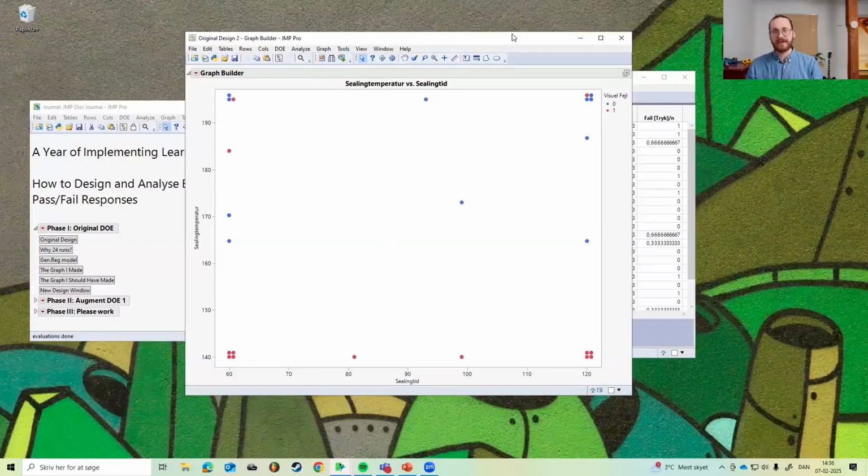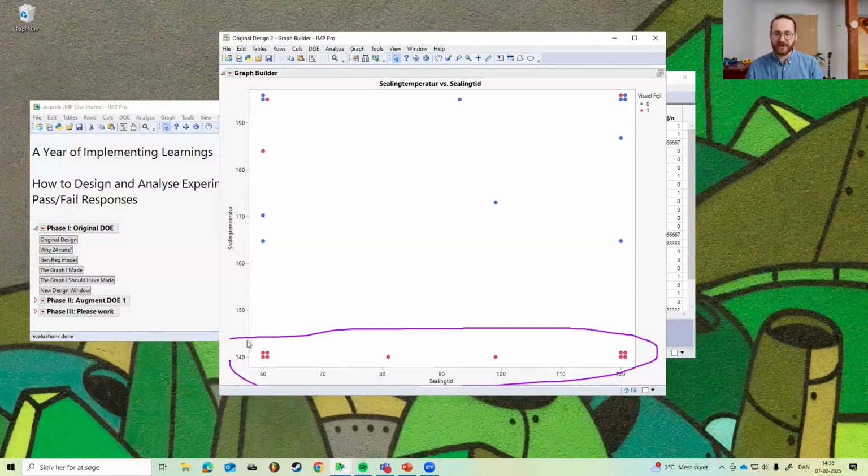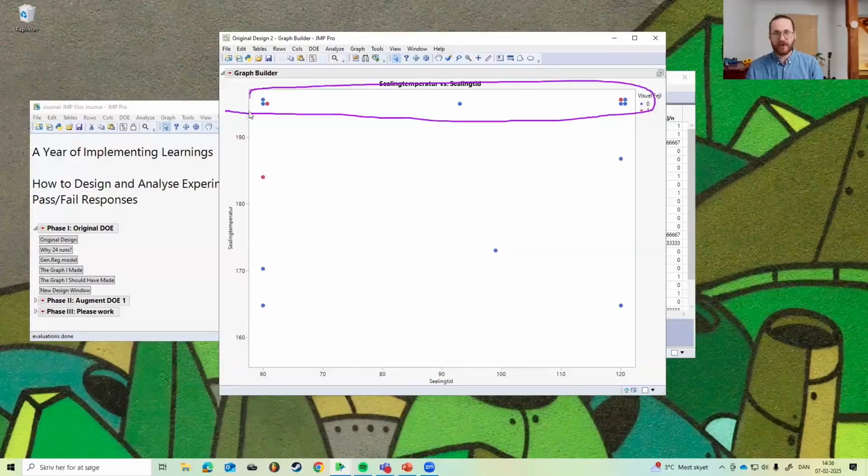And I brought this graph to a meeting in JMP, and I said, let's together define that new process range. We really don't want to be at 140 Celsius, so let's remove that. That's looking better. And 200 is too warm; in some cases it's fine, but we have cases that are red.